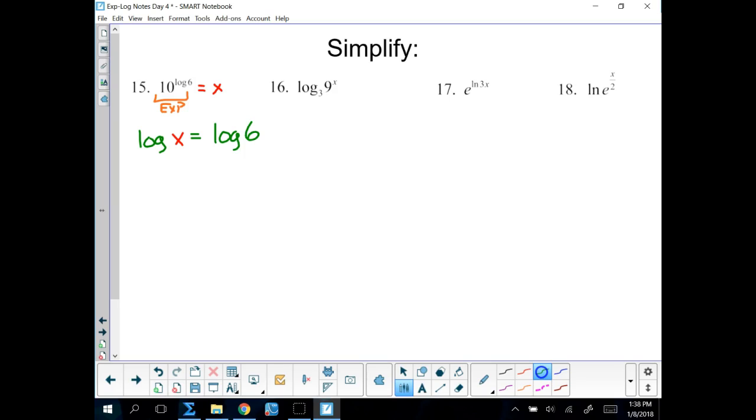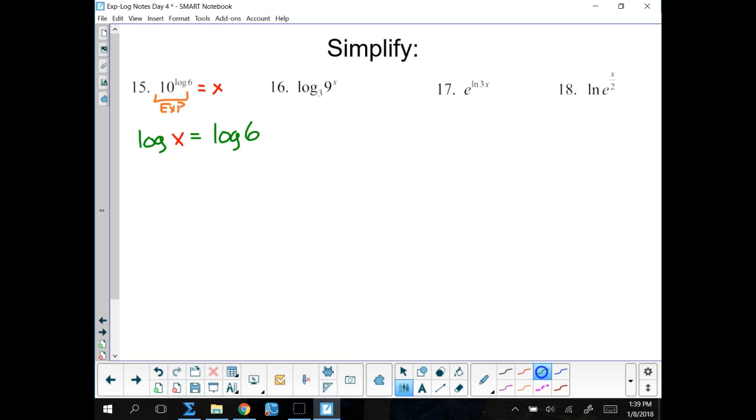So in math, we've got to have equal parts, right? So I have log on both sides with the same base on both sides, which means the answer parts have to be equal.